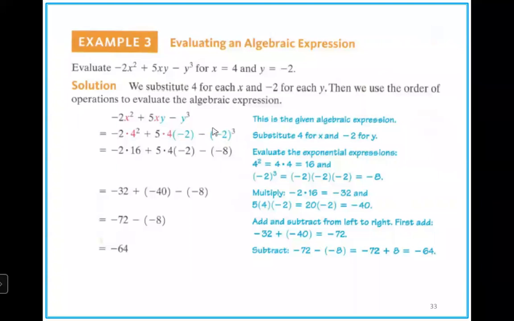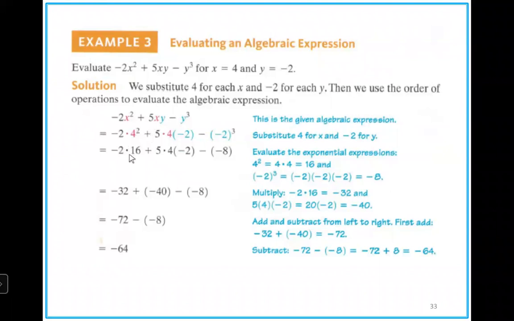Okay, so we have done all the substitutions. Now we're going to start off with the powers first, because we don't have any brackets. These brackets here are just for negative numbers. They're not grouping brackets. So the power is this one. So 4 times 4 is 16. We write everything else except the ones in exponent form, which we have to work out.